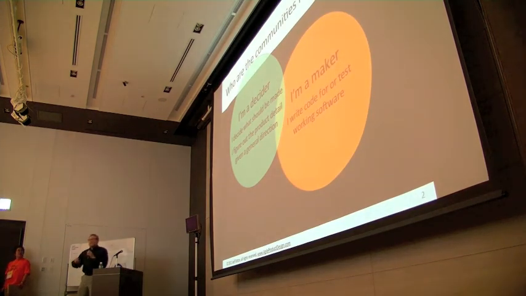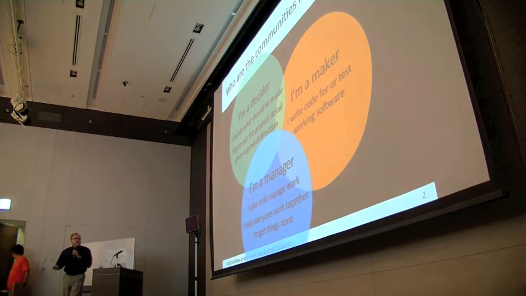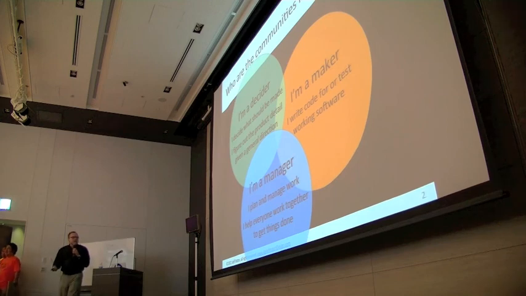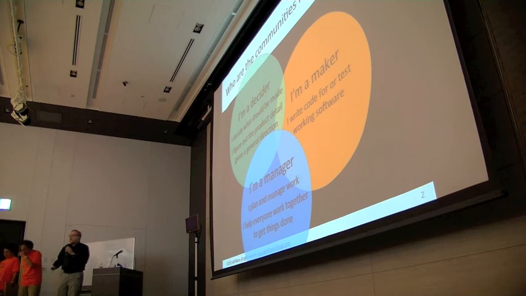I'm interested in who are the makers, and I'm using makers as a general term for people who write code, test code, or write documentation that goes with a finished product. And a third group are managers, the people who plan and manage work, people who help everyone else work together.